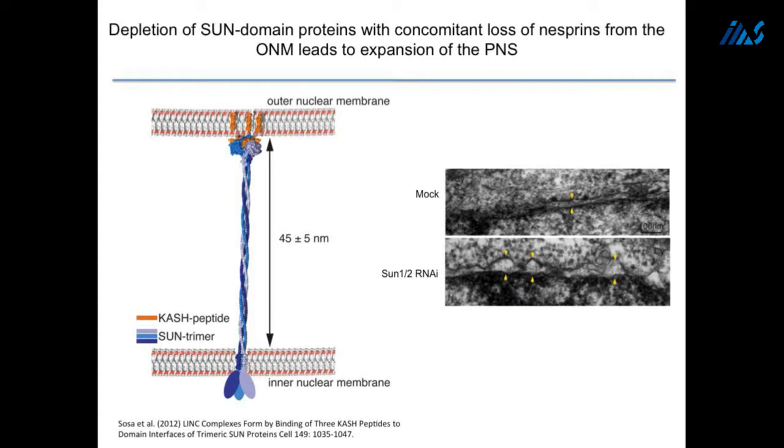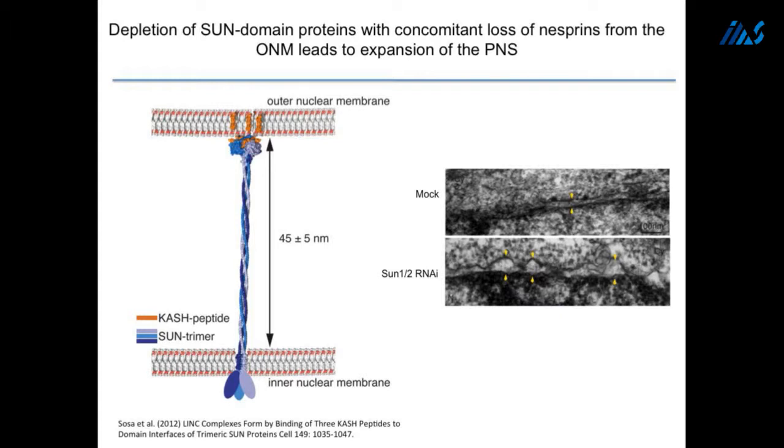And many years ago, when we were originally characterizing these link complexes, we had knocked down SUN1 and SUN2 by RNAi and found, at least in HeLa cells, that when we did this, the outer nuclear membrane and inner nuclear membrane would expand. So the peri-nuclear space would become somewhat dilated.